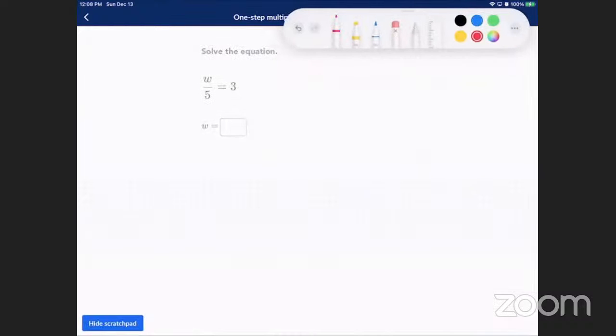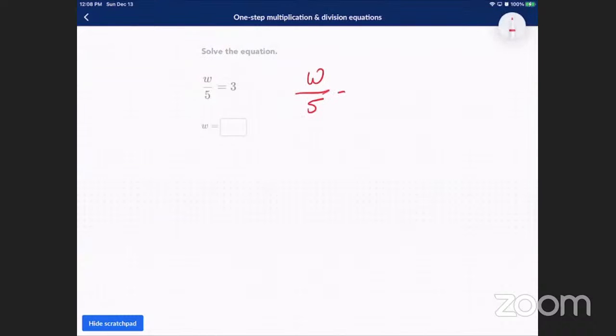So we have W over 5 equals 3, right? What we would do before is try to multiply by 5 on both sides. So you would get 5 up here too.